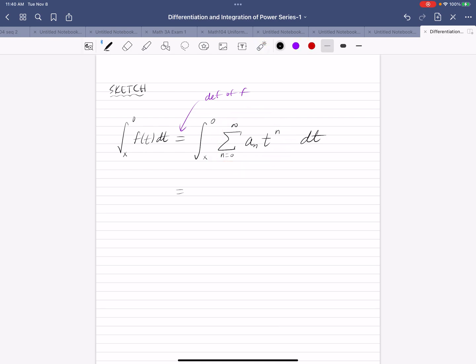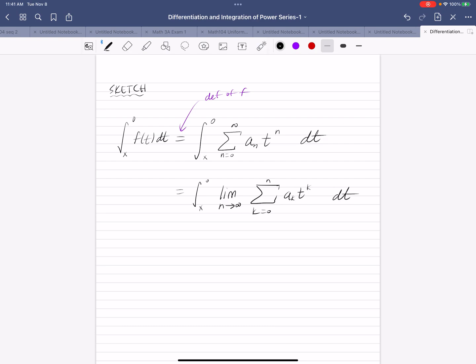Well, remember, a power series is a sequence of partial sums. So I'm going to rewrite this as the integral from x to 0. Now, I need the limit as n goes to infinity of the sum of a sub k, t to the k. K is going to go from 0 to n, right? And then dt.